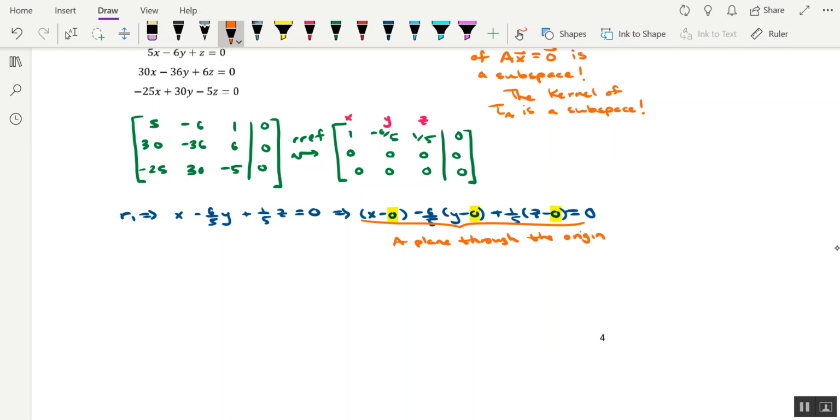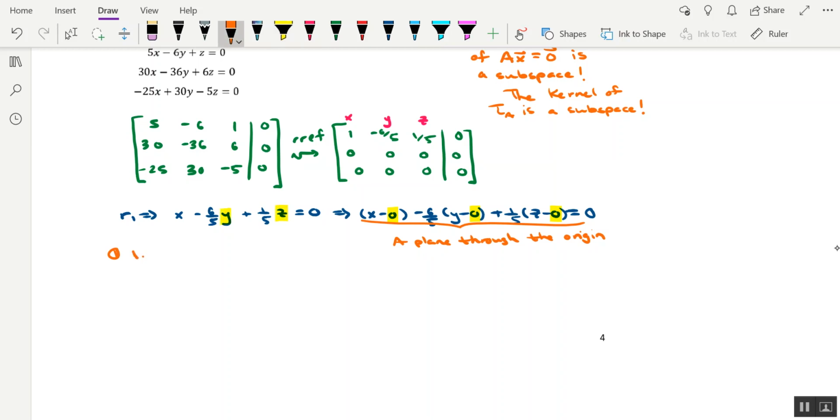Another way is to look at this from parametric equation format, which can then be brought to vector equation format. So to start with the parametric equations, we're going to need two parameters. We're going to need a parameter for the variable y and the variable z.